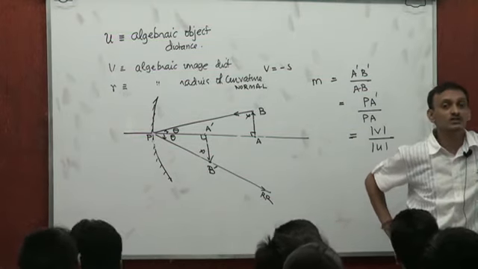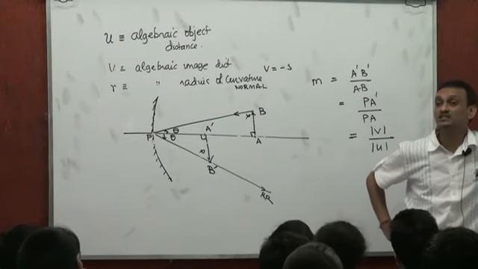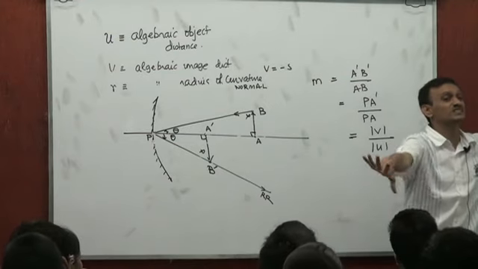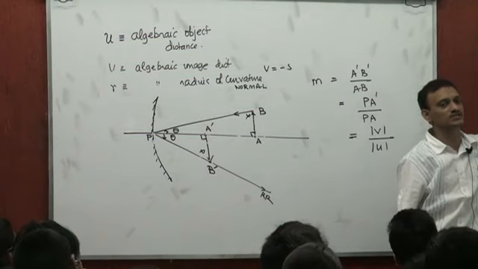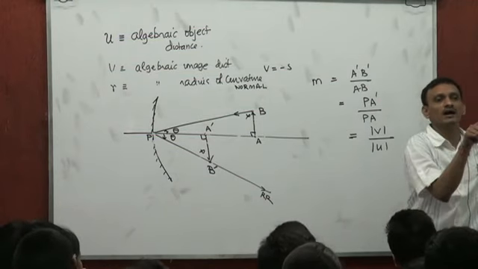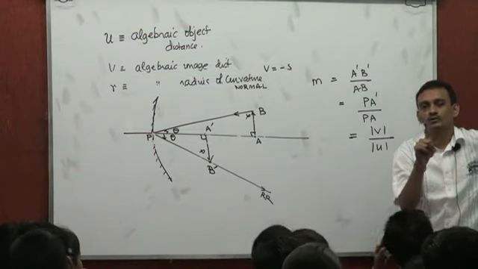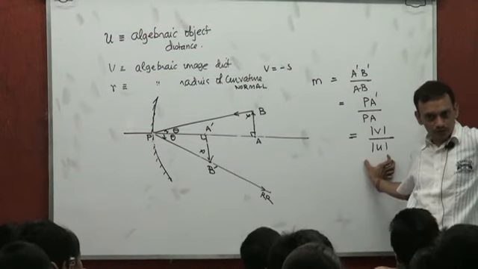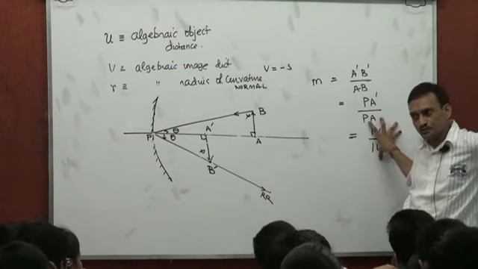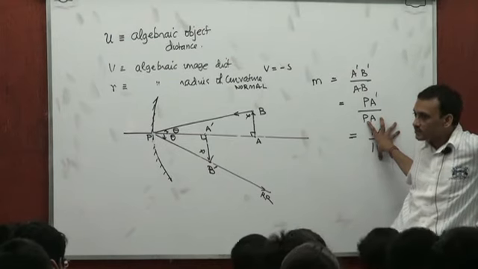In our scheme of things, in our blueprint, magnification would be deemed positive. Always the ratio of the actual size of image divided by size of the object, it will not come married with signs. That's why these moduli are put up, so that the output of this is only a positive number.